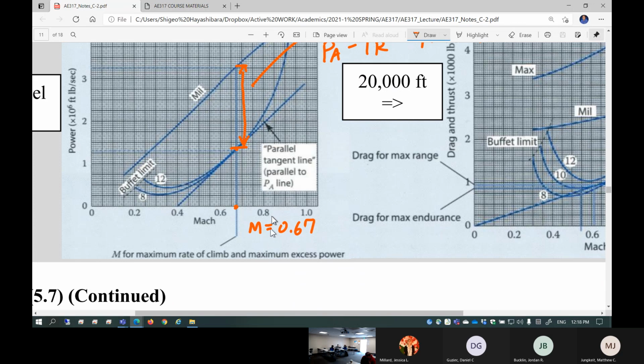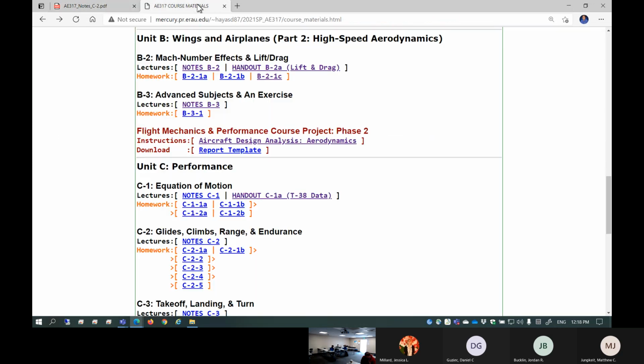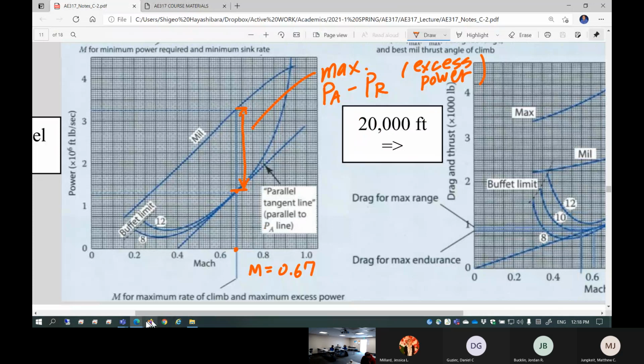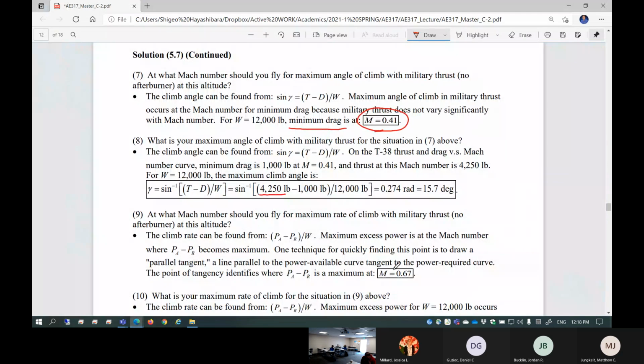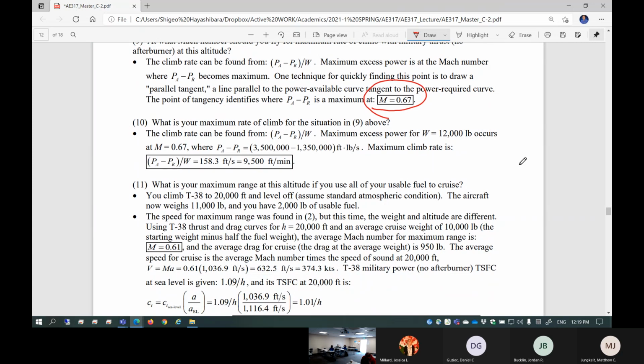And then what is the value of maximum rate of climb anyway? Let's just find out. Okay, so this is the condition of maximum rate of climb, Mach number 0.67. So what is the maximum rate of climb corresponding to it?